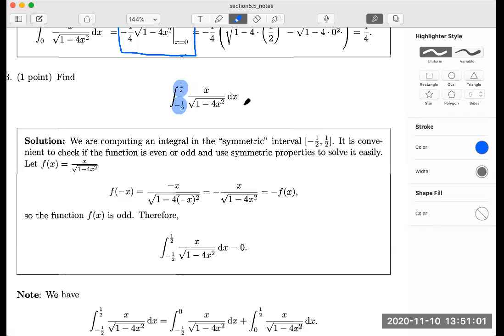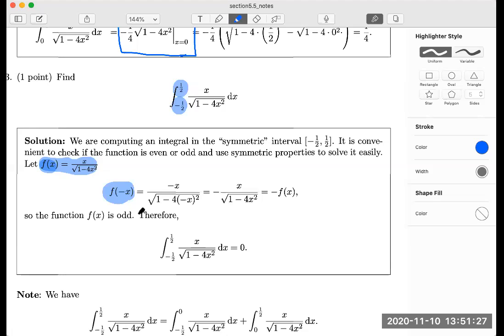In order to check if it is odd or even, we need to evaluate the function f at the value -x. If we define f of x as the integrand here, then let us find f of -x.